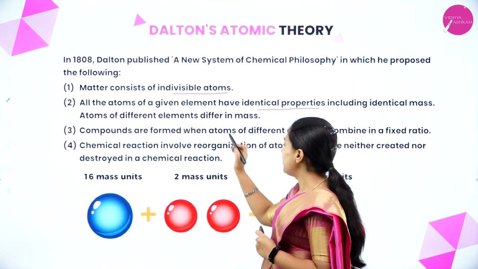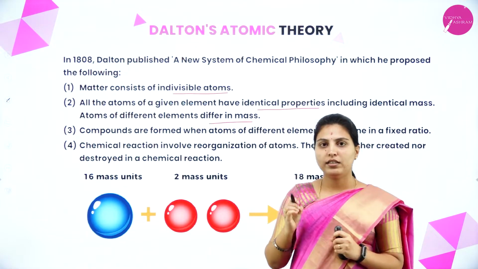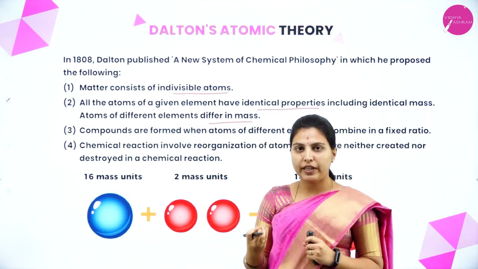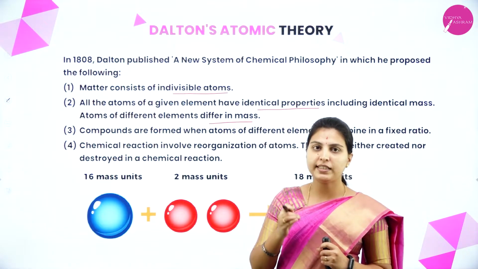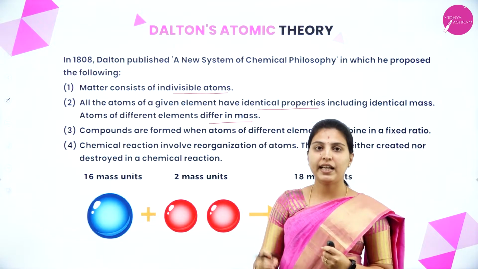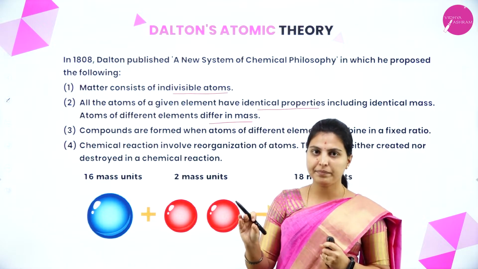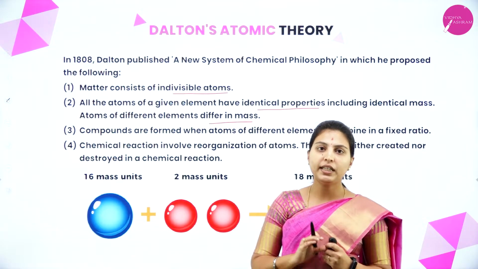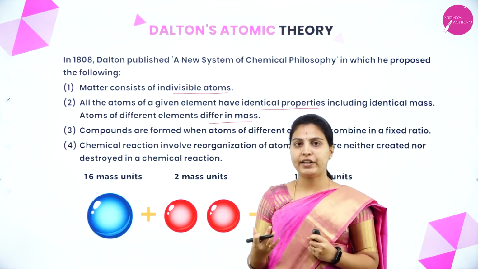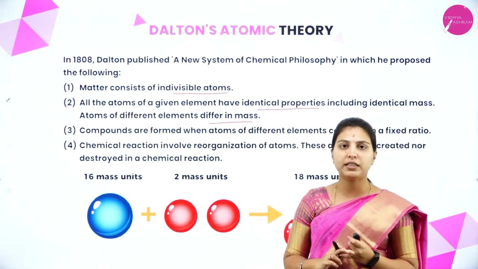Atoms of different elements differ in mass. It's a correct statement: if the element is the same, the atoms present in it are all the same. If the element is different, the atoms in that element are the same among themselves, but compared to another element, those atoms will be different in properties and different in mass also.